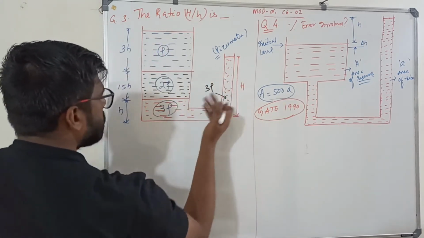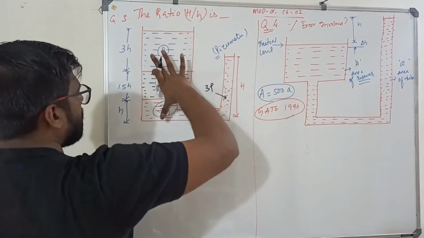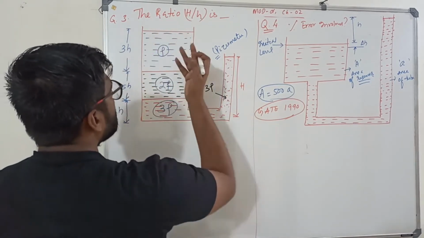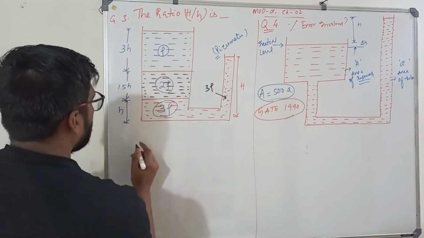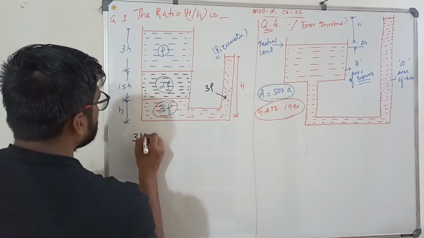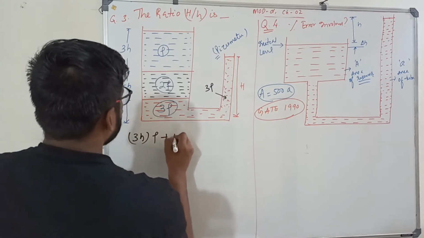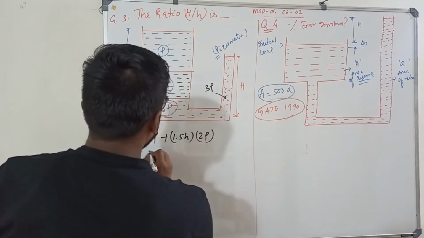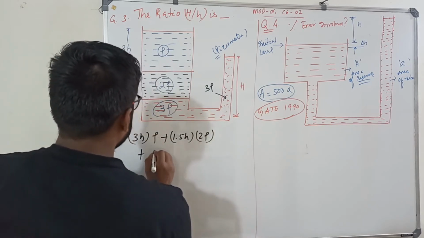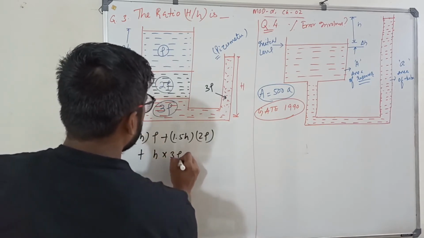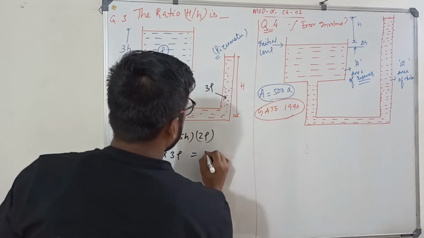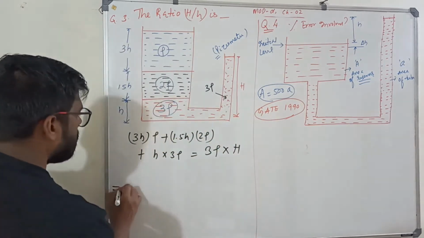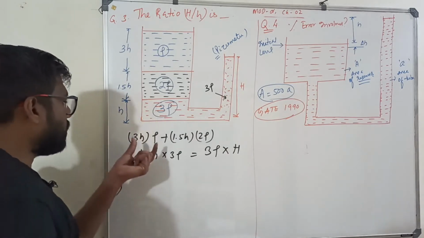So now equate. Go one by one. Remove your g, not required. We need H only now. Both the g cancel. So 3h into rho plus 1.5h into 2 rho plus h multiplied by 3 rho is equal to 3 rho multiplied by capital H. How much is this here?